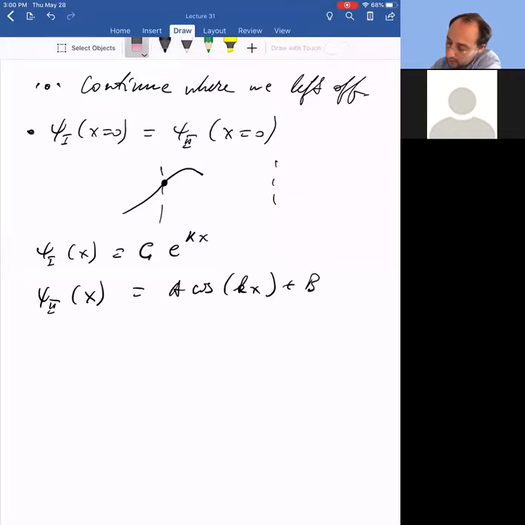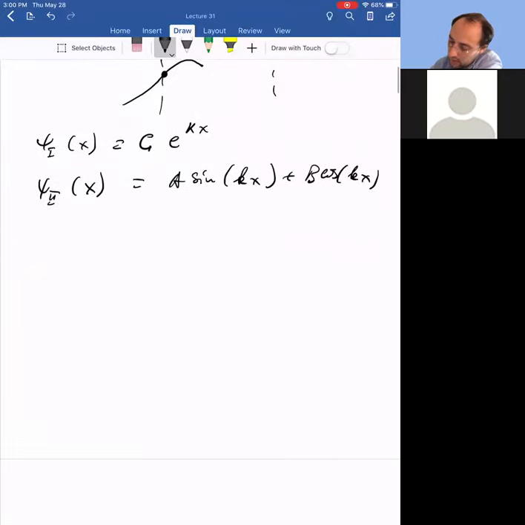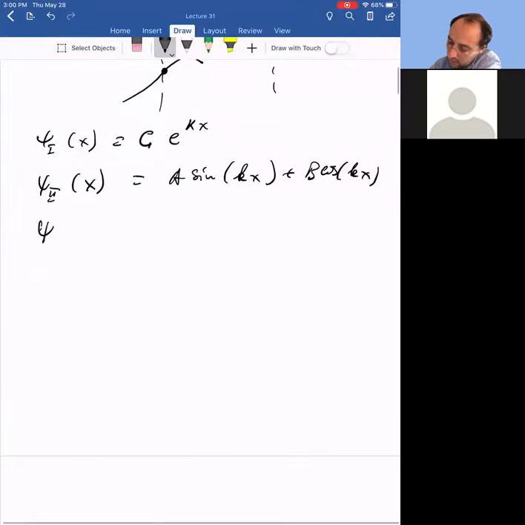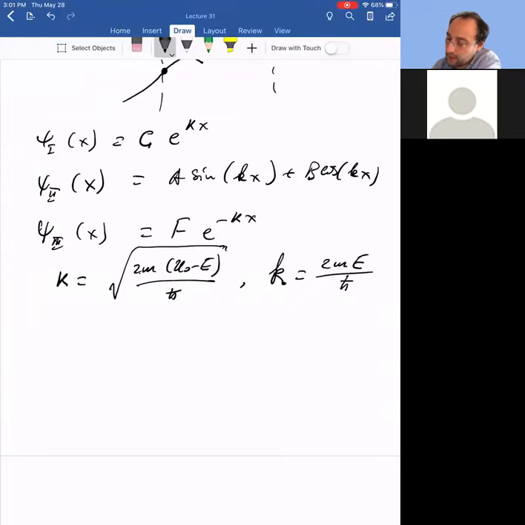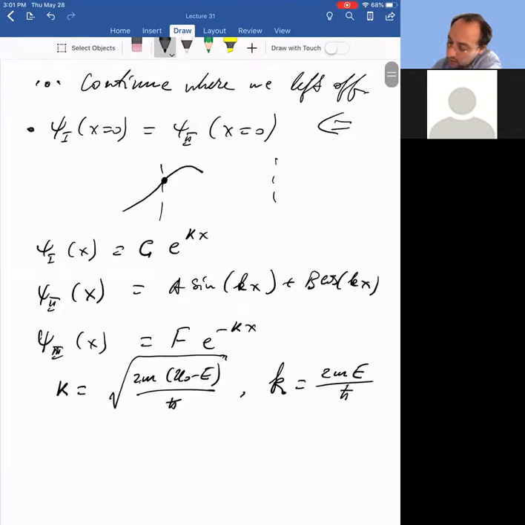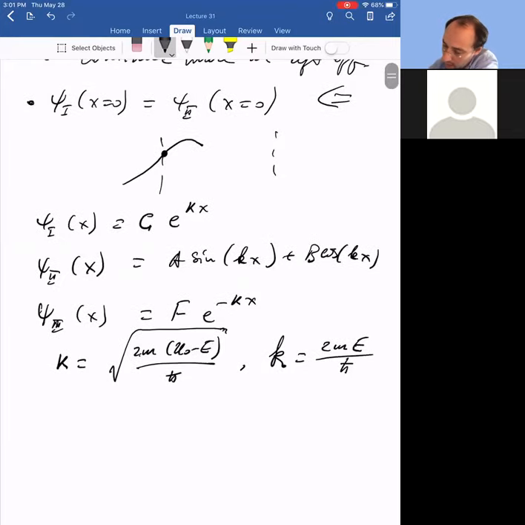I think I call it sine. All right, and so in region 3, and to remind you, kappa. Oh, okay, so let's apply this boundary condition right here, right? So what happens if I do that?